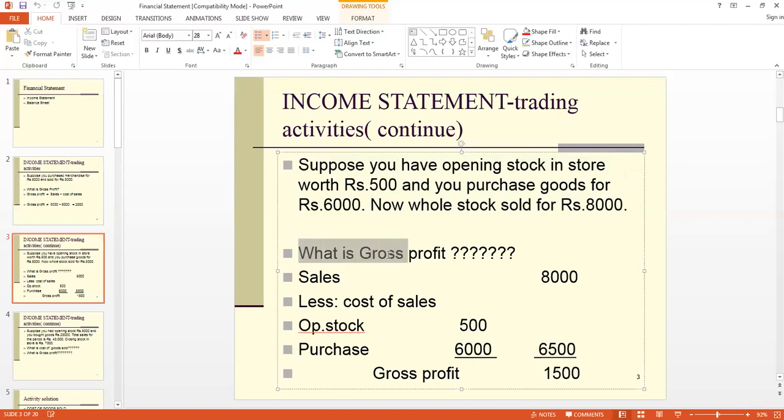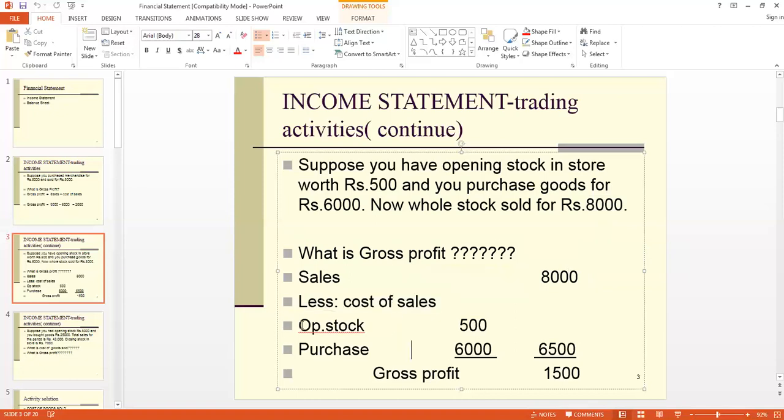Again, the question is asking you what is gross profit. So student, over here to find out gross profit, we will take sales value, which is 8,000 as given here. Then the cost of sales consists of two pieces of information.